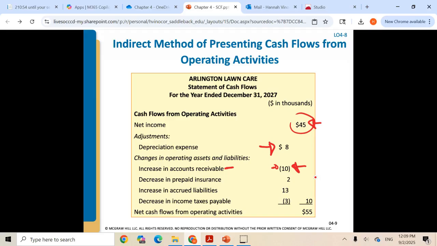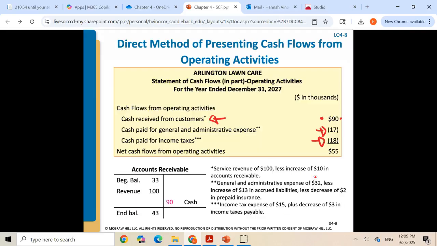And then you go to your other current assets and current liabilities and calculate it to get to your net cash flow from operating activities of $55. Let's compare that to the direct method, which we did here, which also gives us net cash flow from operating activities of $55.